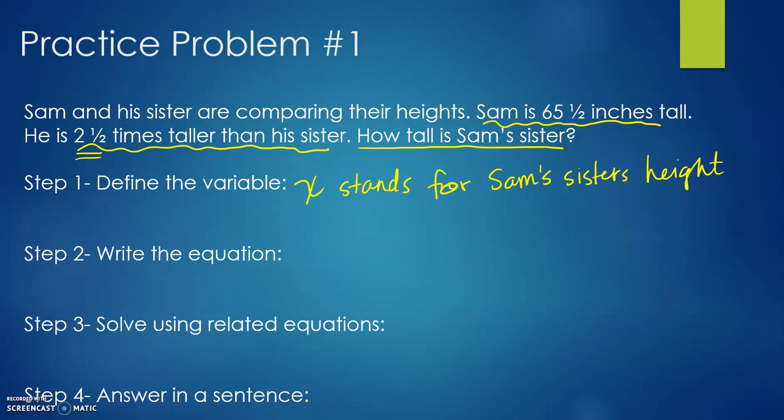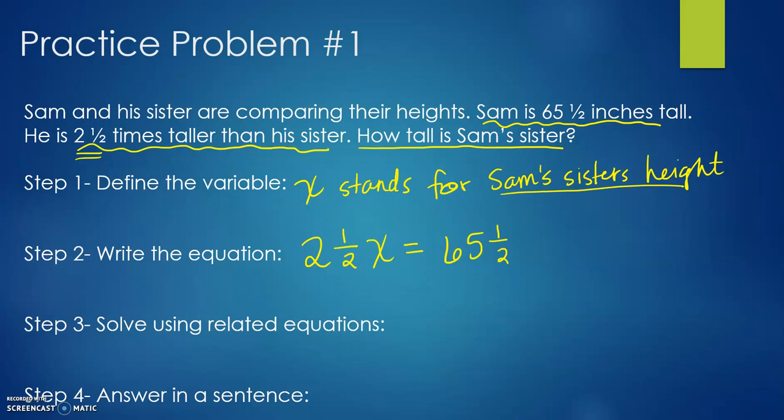We also know that he's 2.5 times taller than his sister. What does that mean? If something is 2.5 times something else, that means you're multiplying it. So we have 2.5 times his sister's height, which we don't know, we're going to call that x, equals his height, 65.5.